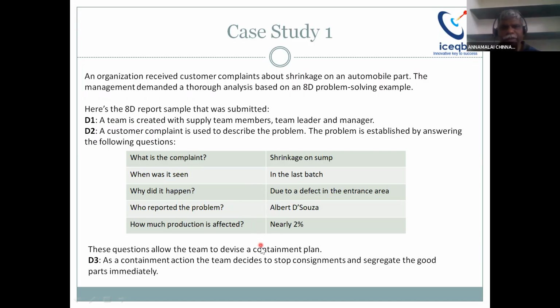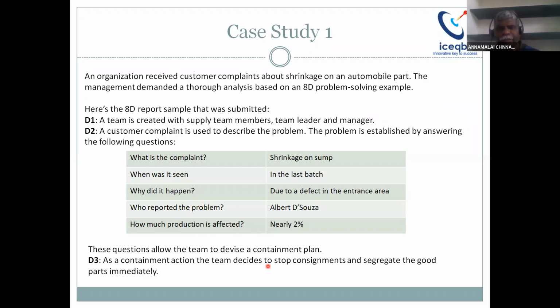Then the third step is about containment, like what actions you can immediately take. The decision is taken to stop the consignments. Whatever has been delivered to the customer, you send some people there to sort out and segregate the defective parts at the customer's place. Whatever batches are ready for dispatch, you stop delivering, unpack all those items, segregate at your place, and send only the good parts.